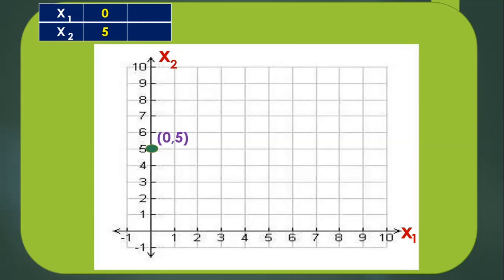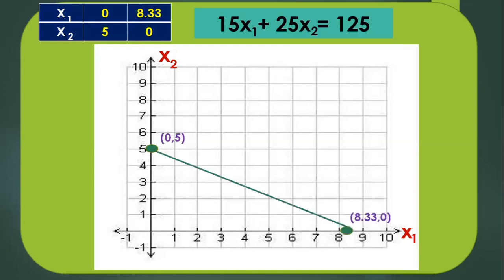Next is to put our second point to our graphical sheet. So our second point is 8.33 for x sub 1 and 0 for x sub 2. As you can notice, our horizontal line, that would be our x sub 1 axis, and our vertical line, that would be our x sub 2 axis.